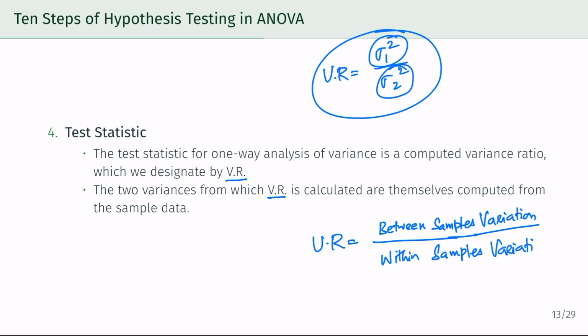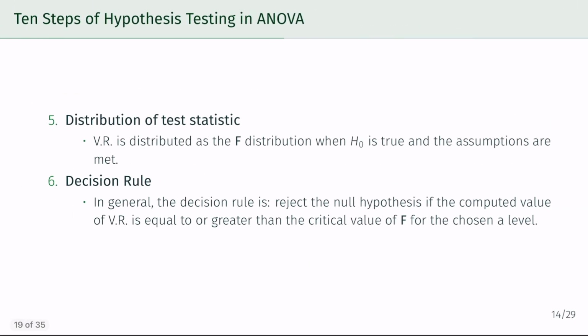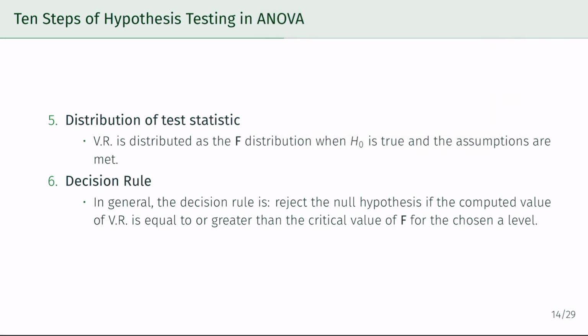This is the statistic that we are going to use to judge whether to accept or to reject the null hypothesis. Now, what distribution does this statistic follow? The distribution that it uses is going to be an F distribution, when H naught is true and all the assumptions are met.